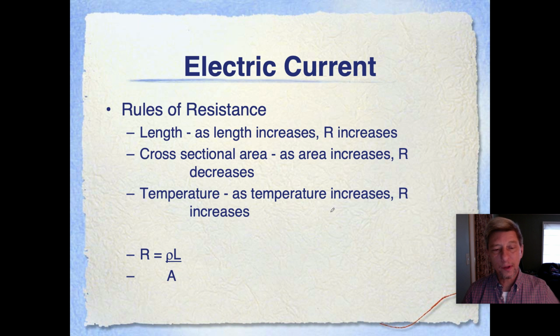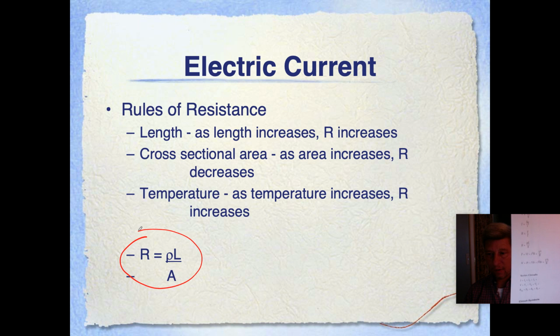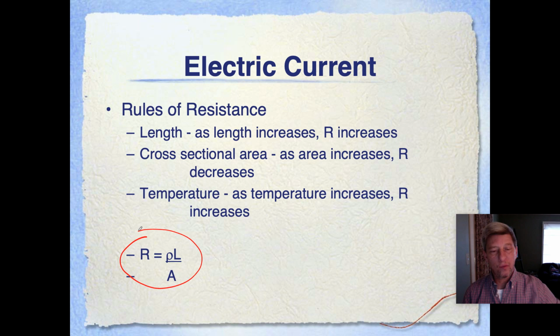Now, the formula that relates this all is shown here on the bottom of the page. Again, this is found on your handy dandy reference tables. Resistance is equal to resistivity, that's this funky looking little letter here that we call rho, times the length divided by the area.